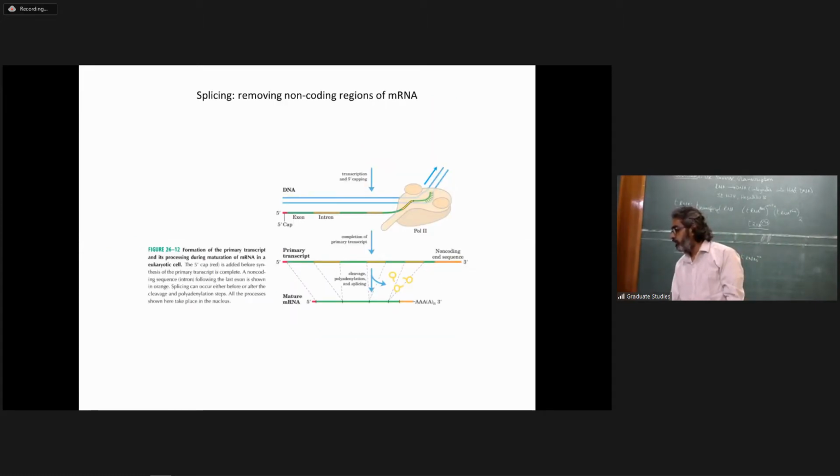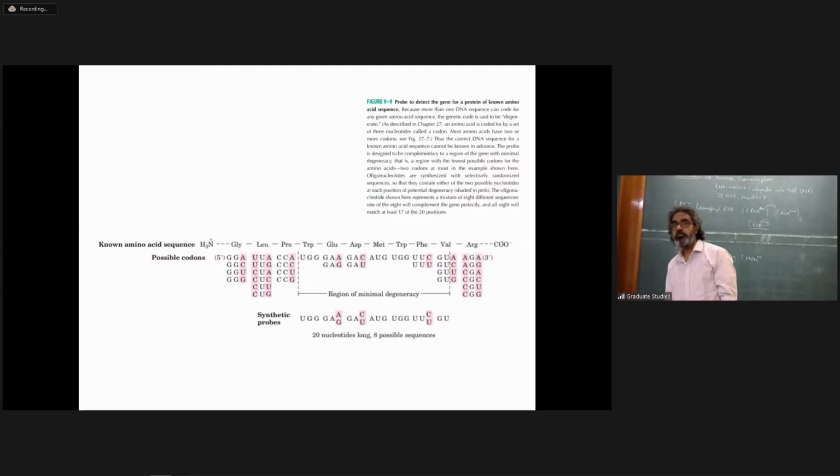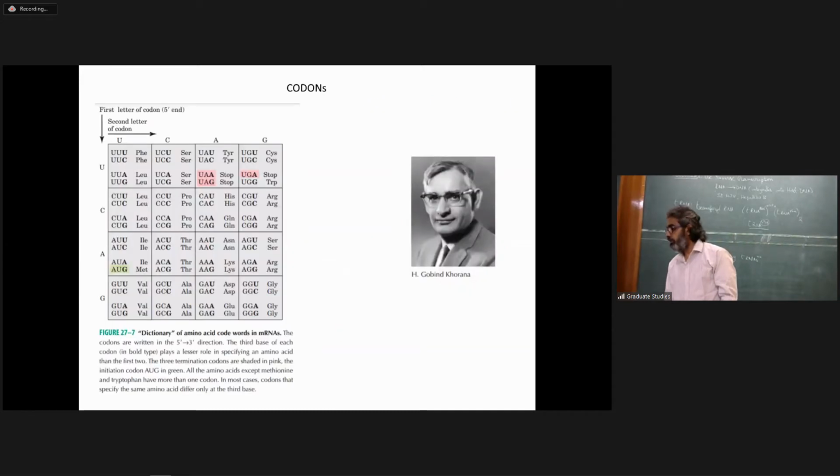Someone asks: how do they ensure it isn't 4, 5, 6, or 7 bases that code for one amino acid, rather than three? Initially they didn't really know, but now you have to see how to rule that out.